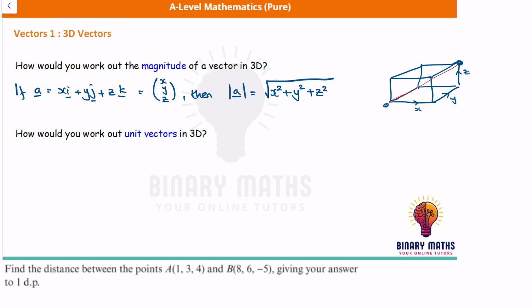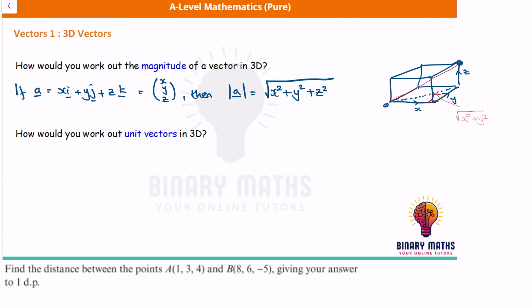And then if we first work out the base, then this diagonal here will be, because we've got x going across and y at the bottom, the root of x squared plus y squared. Because this is a right angle triangle, we can use Pythagoras to find that diagonal.